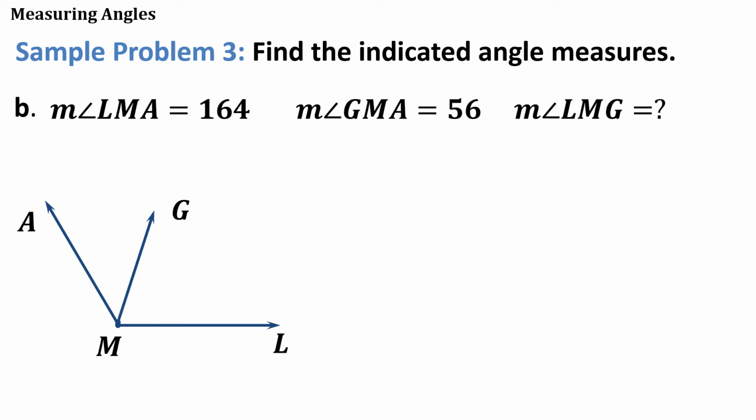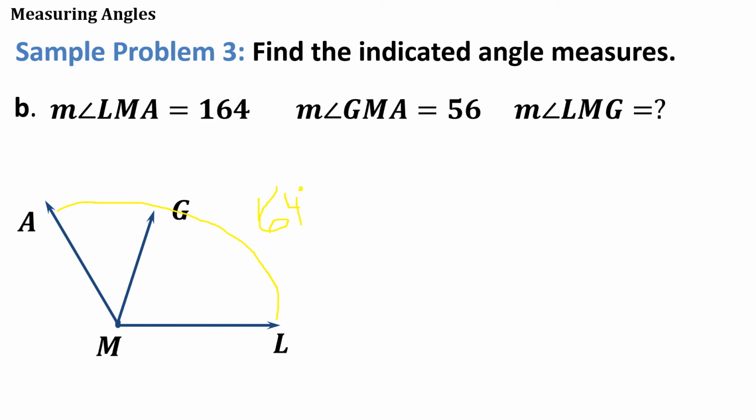Now try to find the indicated angle measurement. Again, they're telling you the measurement of the angle LMA. So you have that whole angle right here. You have the measurement from here to here, and that is 164 degrees.